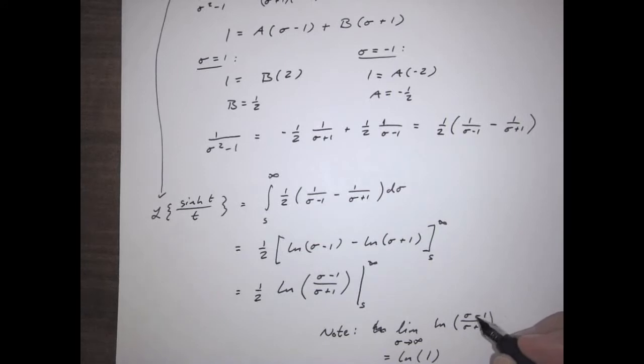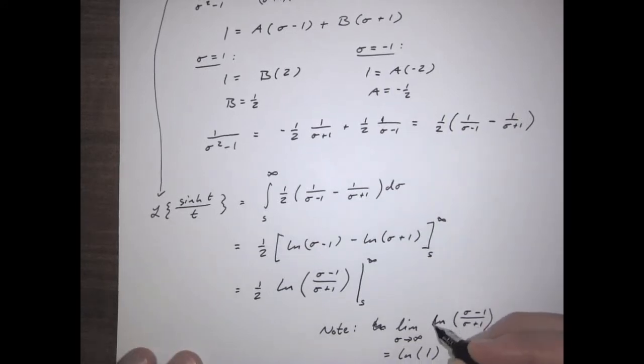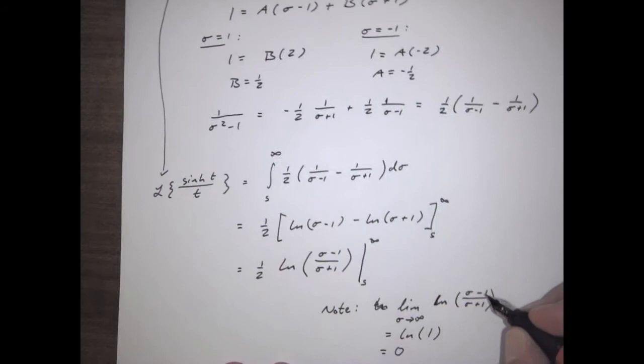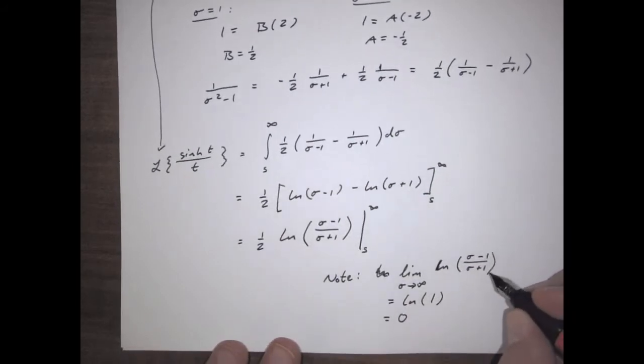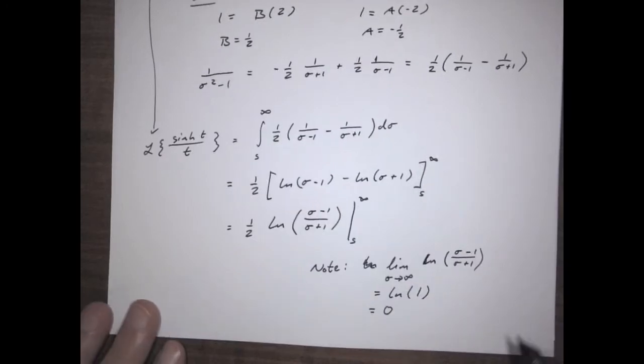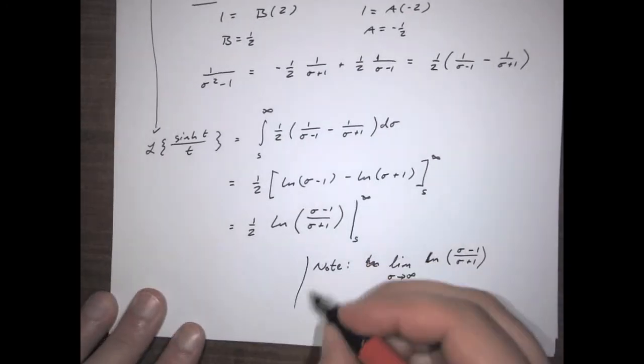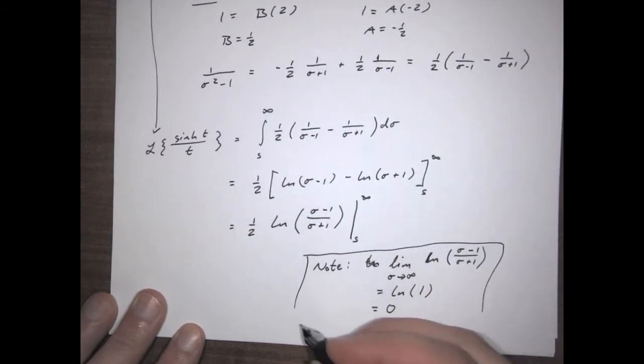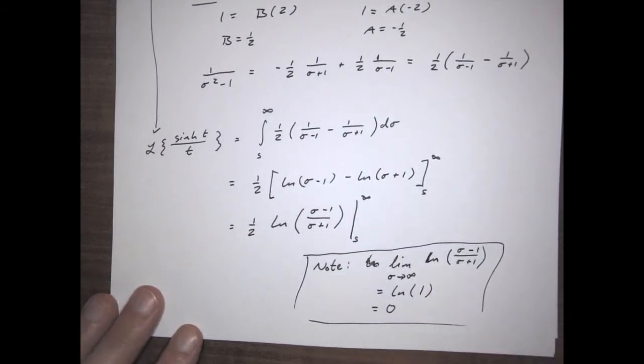Because the leading terms of this are 1 sigma and 1 sigma, so you multiply the top and bottom of this each by 1 over sigma, for example. That'll be 1 minus 1 over sigma, over 1 plus 1 over sigma. Sigma will go to infinity, and so that will just end up with a 1.